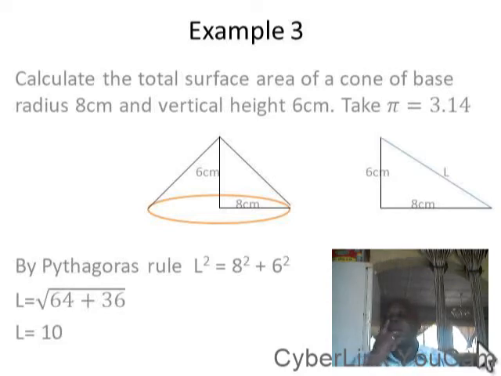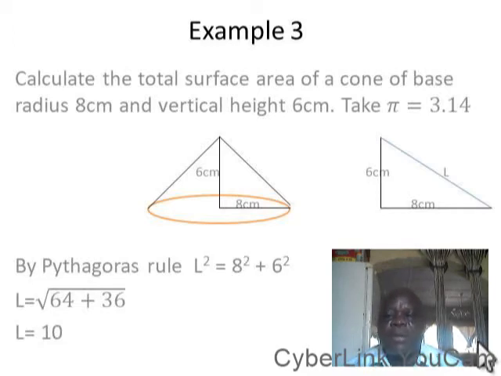Mind you, in the formula, we don't use vertical height for curved surface, but rather we use the slant height. This is a trick. When you see questions like this in the exam, students tend to jump at 8 and 6 and use 6 as their slant height. It is wrong. You have to use the vertical height to look for the slant height. And how do you do that?